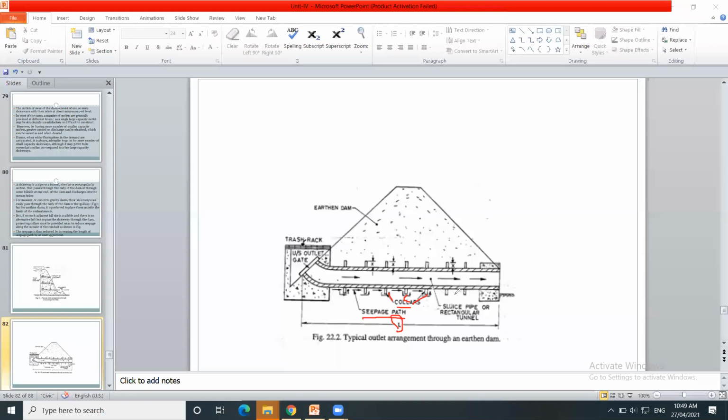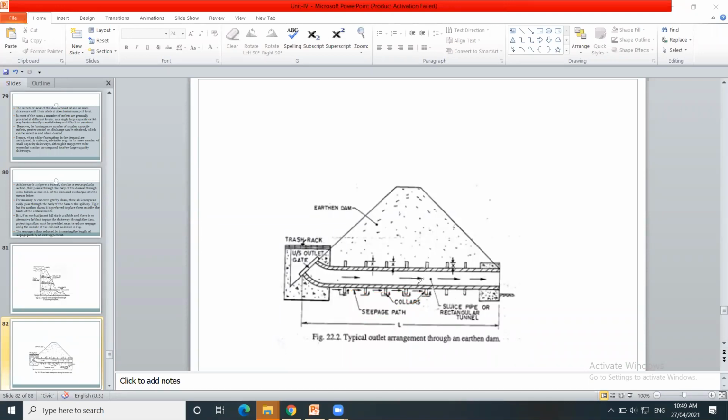The total length of sluiceway is L, capital L. The seepage path is calculated by this equation, L plus 2 into x into n. n is the number of collars: 1, 2, 3, 4, 5, 6, 7 on the top plus 7 at the bottom. Total 14 collars are provided.